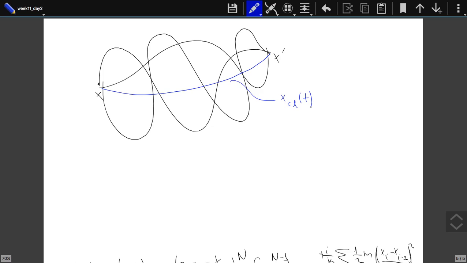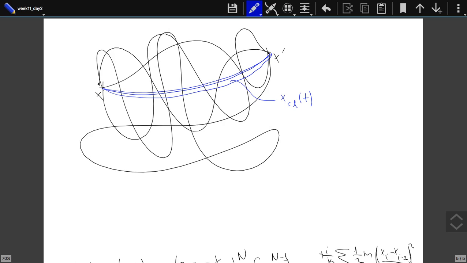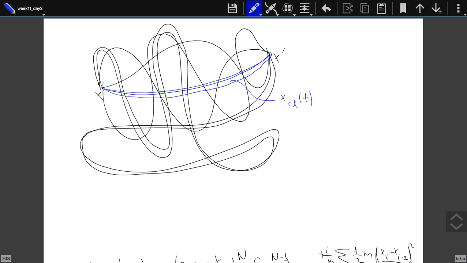So if you just consider very small variation around this classical path, they will add constructively. But if you consider the other paths that are very different from the classical path, and if you consider slight variation around that path, they will interfere destructively.